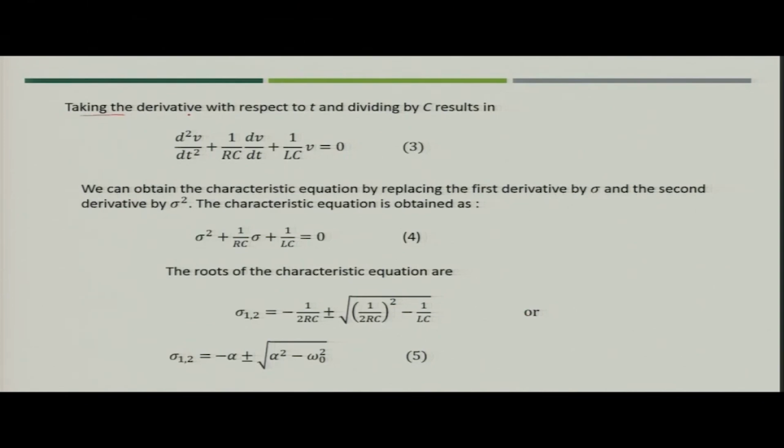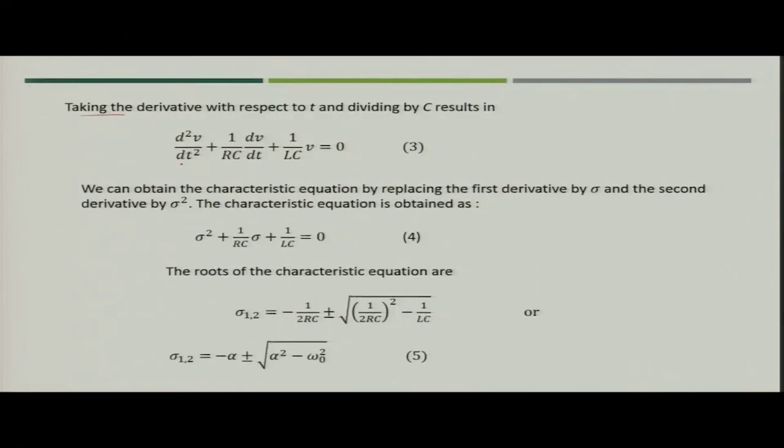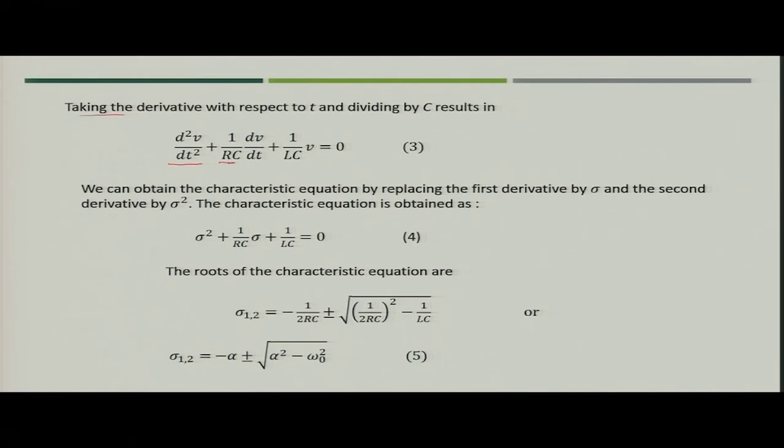Now, what you need to do? The equation we have just got because of the application of KCL, let us differentiate it once again. So, what we will get? We will get d2V by dt2 plus 1 by RC dV by dt, basically taking the value of the component C in the denominator. So, it will become d2V by dt2 plus 1 by RC dV by dt plus 1 by LC into V equal to 0.